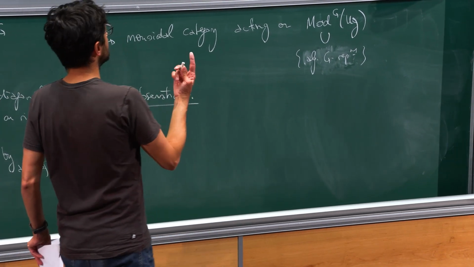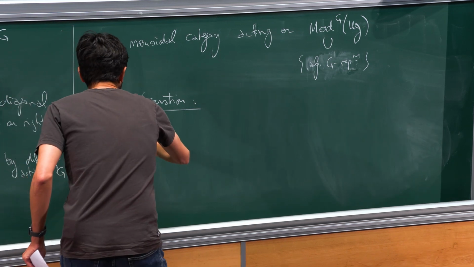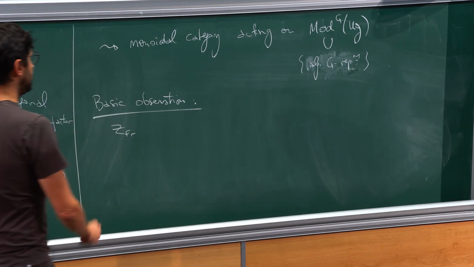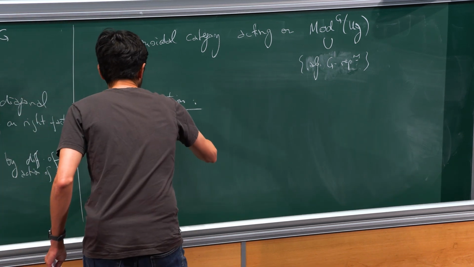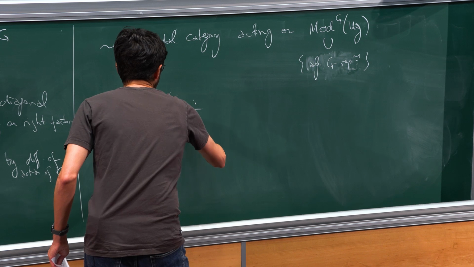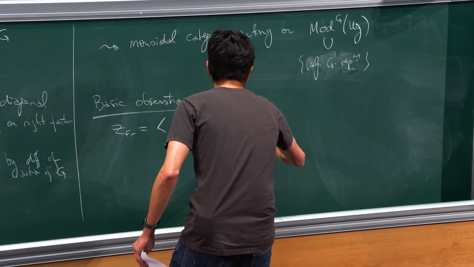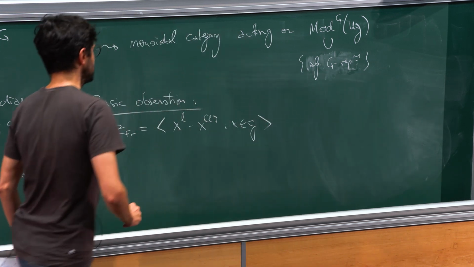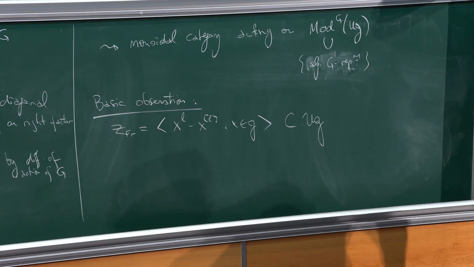So I work over a field of positive characteristic, and so in the enveloping algebra, I have a large central subalgebra, which is the subalgebra generated by elements of the form x to the L minus x to the bracket L, for x in the Lie algebra.